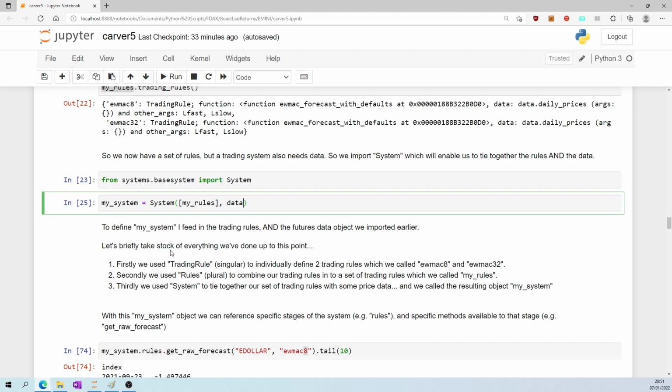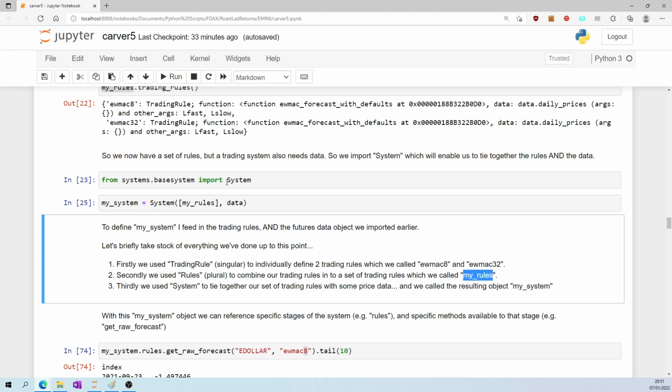Let's take briefly stock of everything we've done up to this point, because it's quite a bit. Firstly, we used TradingRule to individually define two trading rules, which we called EWMAC 8 and EWMAC 32. Secondly, we used Rules to combine these two trading rules into a set of trading rules, which we called my rules.